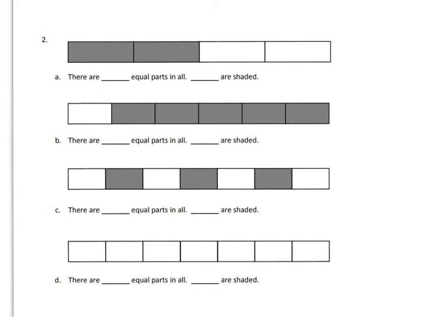For number 2, we need to fill in the blanks. For 2A, it says there are blank equal parts in all. Well, there's 1, 2, 3, 4. There's 4 equal parts in all. Blank are shaded. 2 are shaded. We could even take this a step further and say 2/4 are shaded.